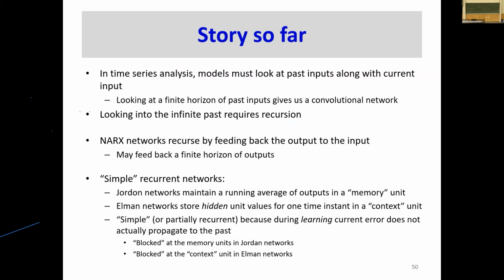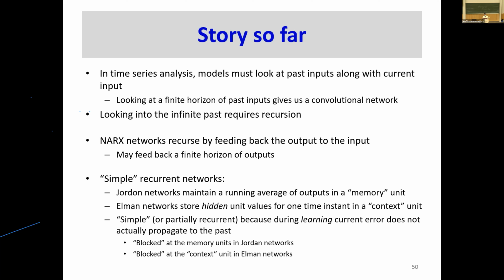And so the story so far in time series analysis: models must look at past inputs along with the current input. If you're looking at a finite horizon of past inputs, that gives us a convolutional neural network. Looking into the infinite past requires recursion, and Knox networks recur by feeding back the output of the network to the input.